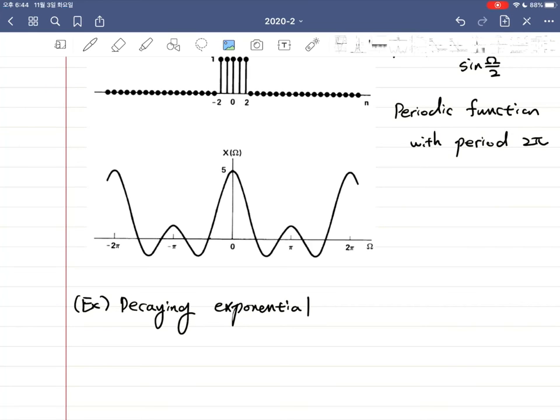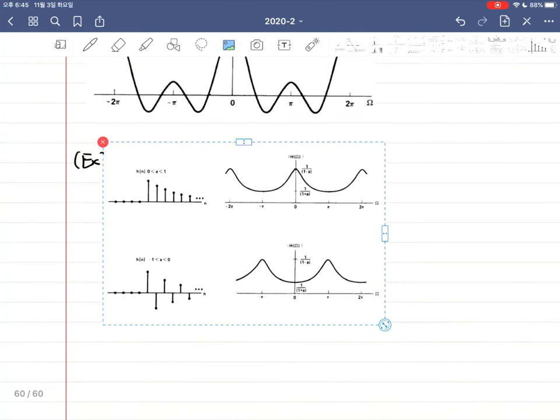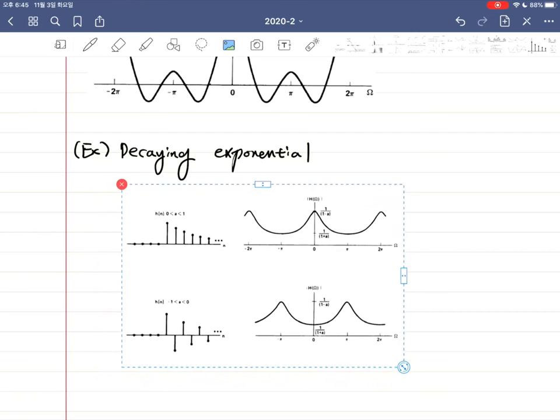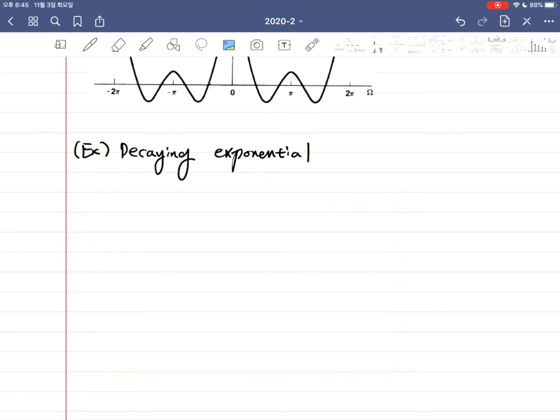And I think I have the plot for this also. This is not right.